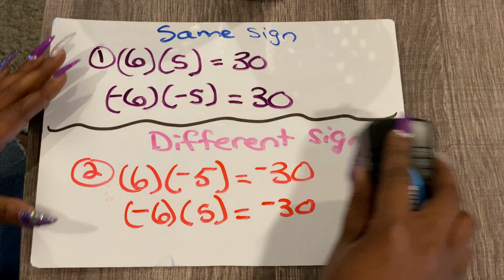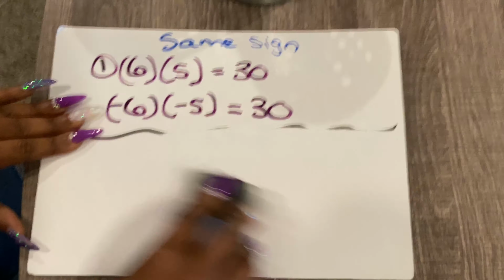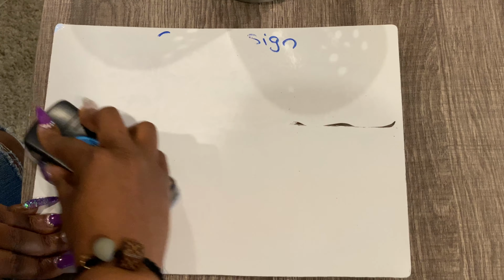Okay? So let's try some other examples. Now, these are just integers. We have not gotten into the other rational numbers. I'm going to make sure that I upload a couple of word problem examples that you can follow along with. You need to know what you already know.